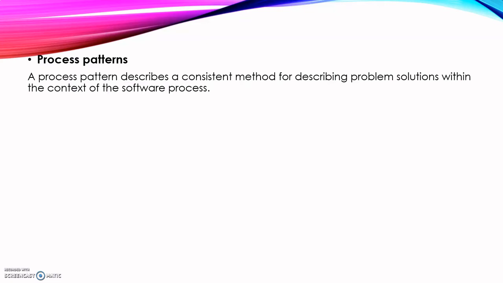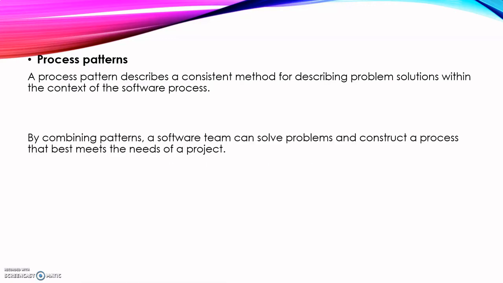Okay. Let's see how it gives. By combining patterns, a software team can solve problems and construct a process that best meets the needs of a project. Before going into that, we'll see how it works.